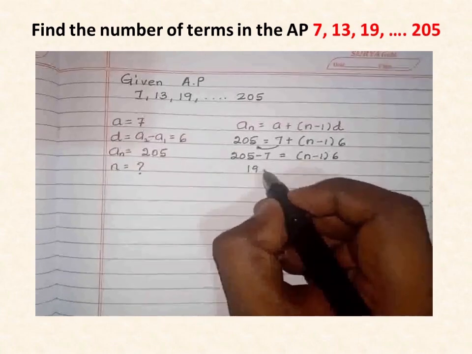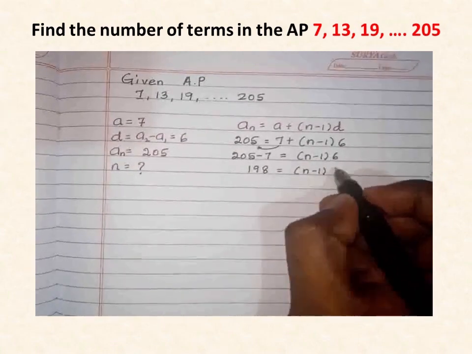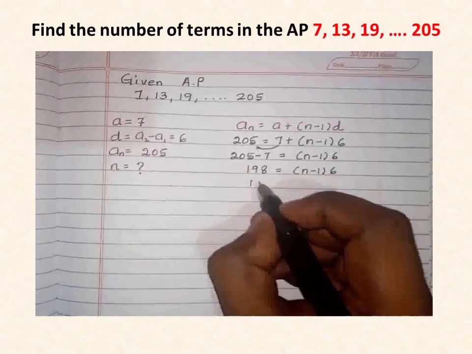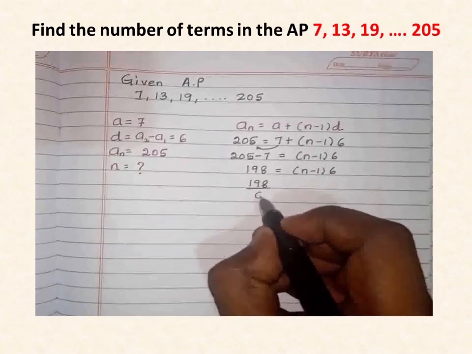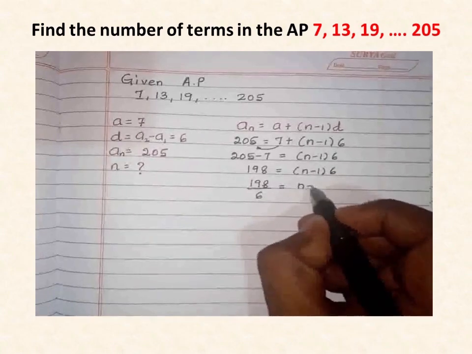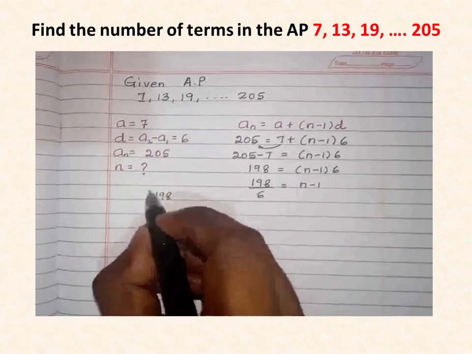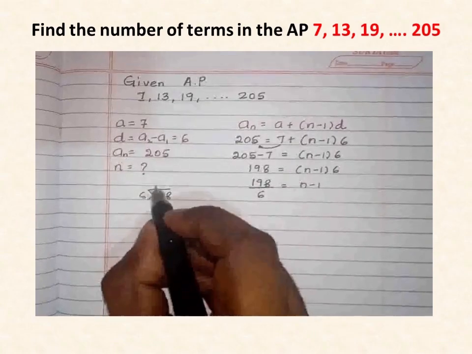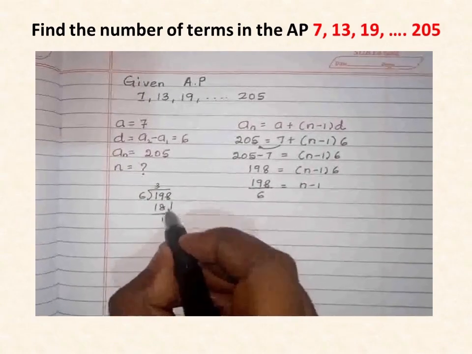205 minus 7 will give you 198. So n minus 1 into 6. Now bring down 6 to LHS as denominator, that is 198 by 6 equals n minus 1. So we need to divide 198 by 6. So 6 times 3 will give you 18. The remainder is 1. Bring down 8.